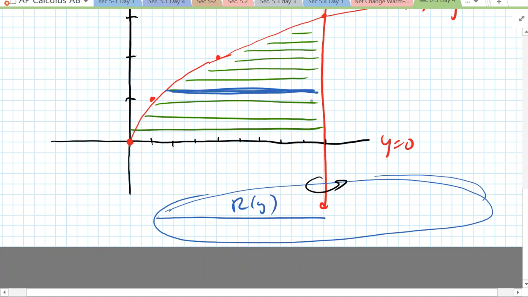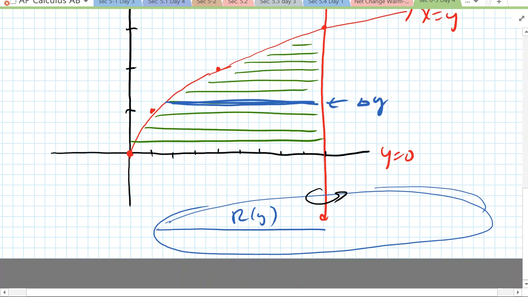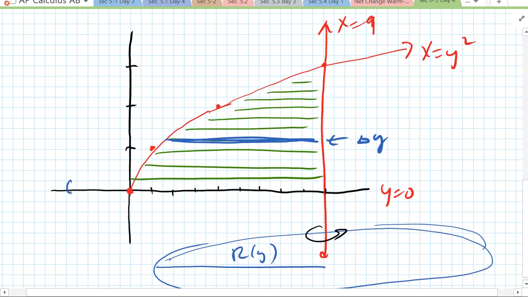There is no little r. If I look down this way, is that a delta y? Am I stacking disks? Stacking from y equals 0 to what? 3. So is my c going to be 0 and my d equal to 3? Are those my limits of integration? Because that's the y values I'm stacking my disks in. Yeah? Okay.